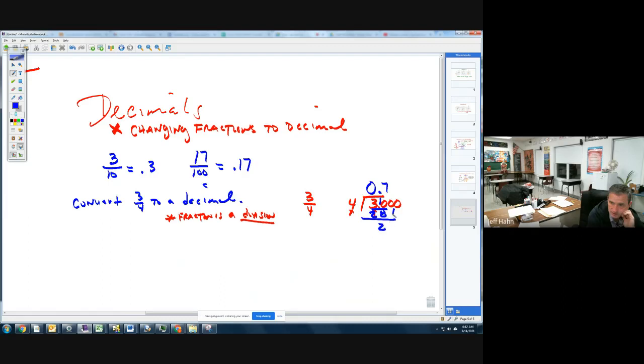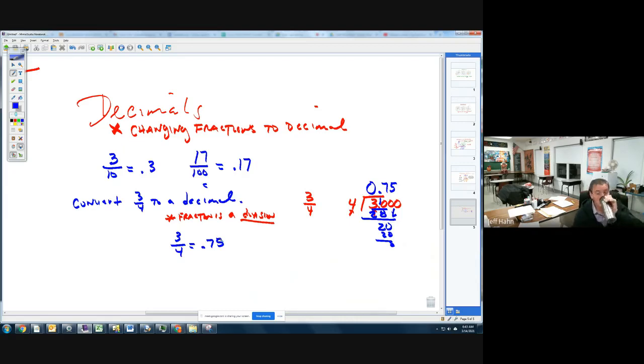We subtract and we bring down, and 4 goes into 20 nice even 5 times. So 3/4 as a decimal is 0.75, which, if you think about it, in terms of money, 3/4 of a dollar or 3/4 is 75 cents.